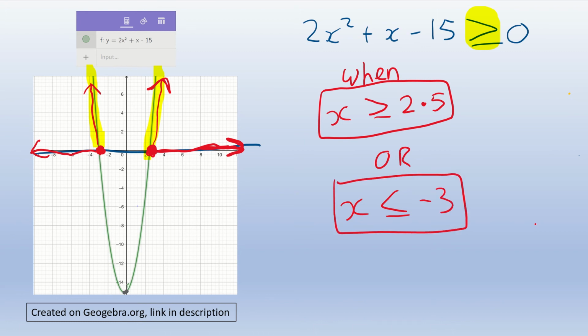And that right there in front of you is the only extra layer onto quadratics that you're asked about in this question. So you weren't just asked to get the roots, although the roots played a huge part in this question. You were asked when your quadratic was greater than or equal to 0.